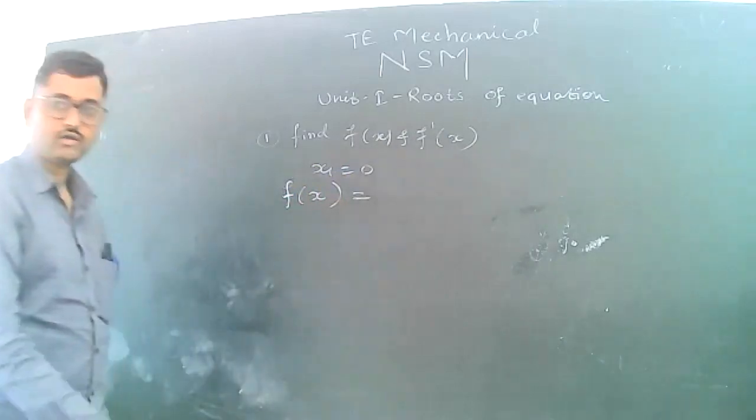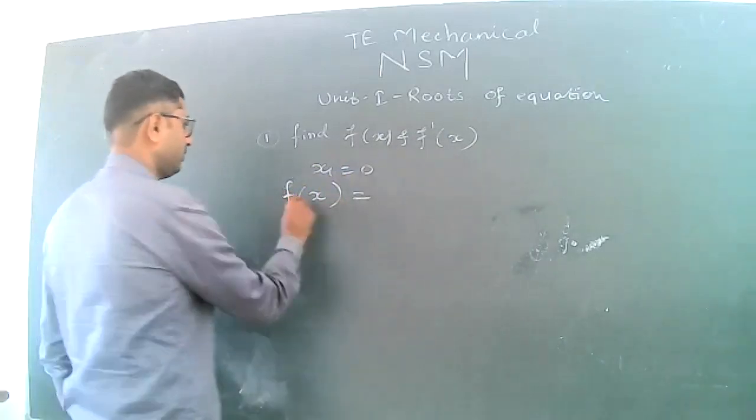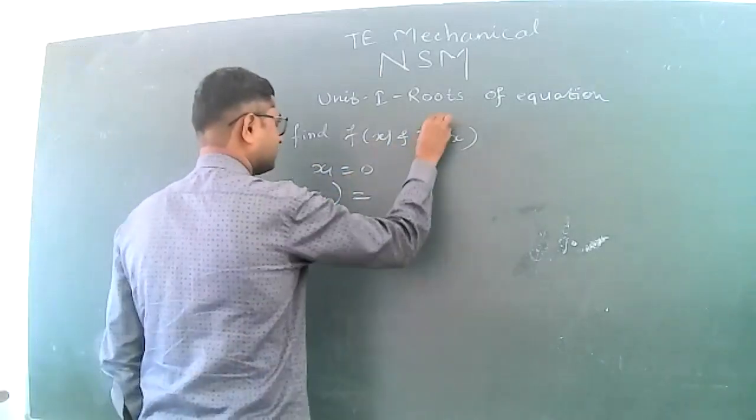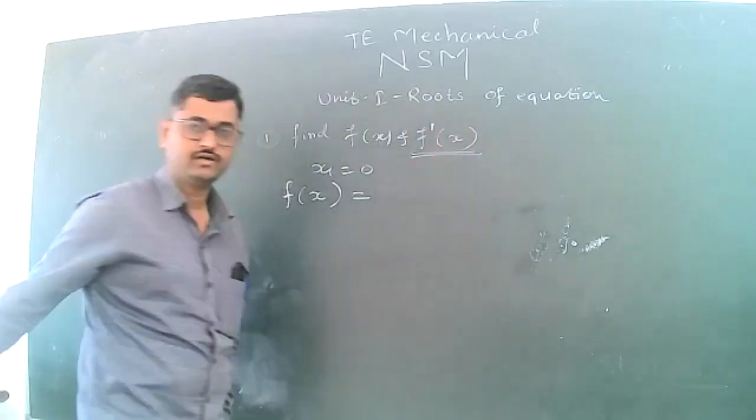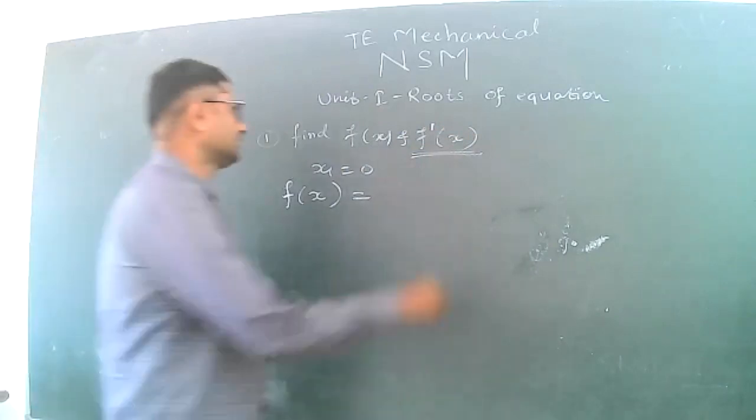Before that, we have to find the derivative of f of x. F dash means the derivative of f of x.